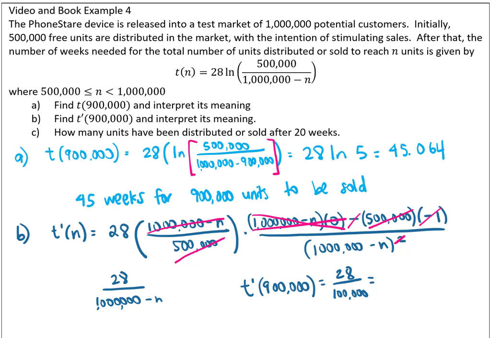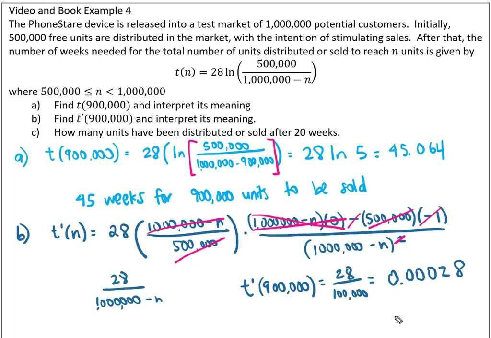My calculator says 2.8 times e to the negative 4, which means I would go 0.00028. This is in the 4th decimal place after the decimal point. And so that is the rate at which we're changing. What are the units for this? It's going to be weeks per unit.